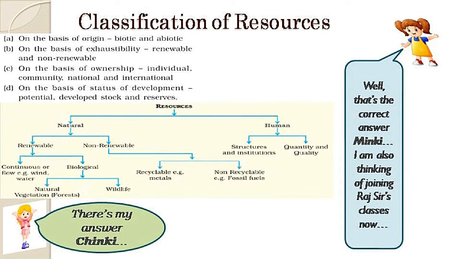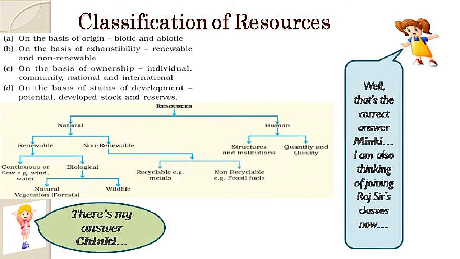Students, now let us see how Minky has classified resources on different bases. First of all, she has classified the resources on the basis of origin, and there are two kinds of resources, biotic and abiotic. The resources which have life are known as biotic resources, and the resources which do not have life are known as abiotic resources.